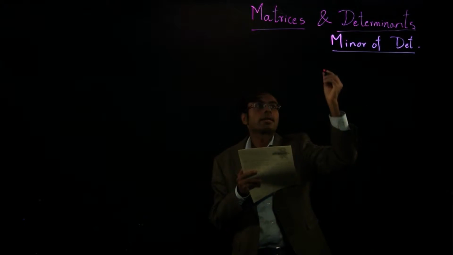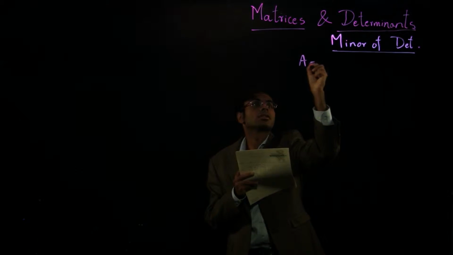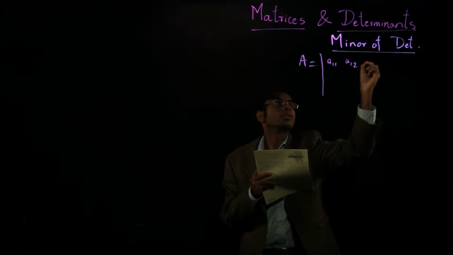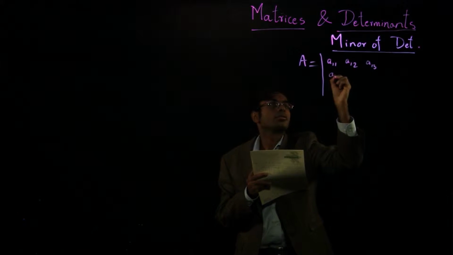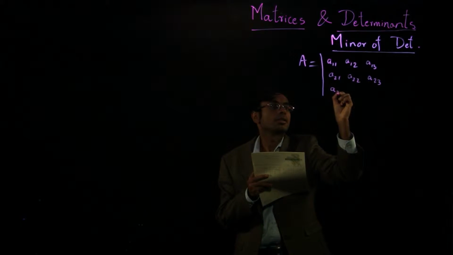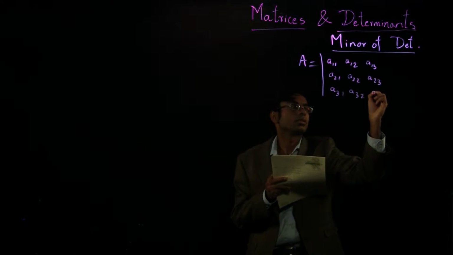And what I mean by that, let's say you have a third order determinant, A13, A21, 22, 23, 31, 32, 33.